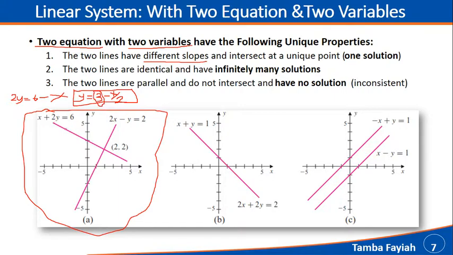So you can see the line intercepts at this point, 3: 1, 2, 3. And the slope is minus 1 over 2, that is minus a half.